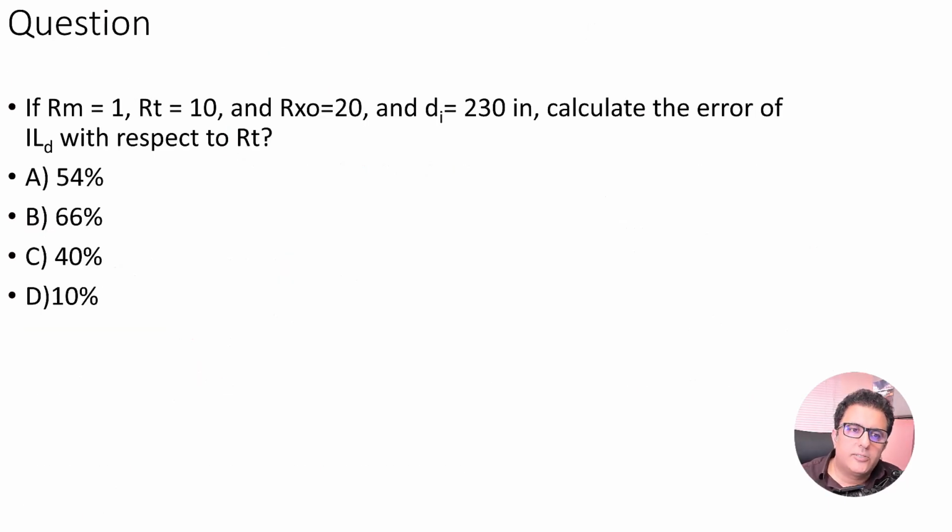Now let's go through another example. Here assume that RT is 10, similar to the previous example, and RXO is again 20. But here the difference is that we assume the diameter of invasion zone is bigger: 230, compared to the previous example where it was 65.